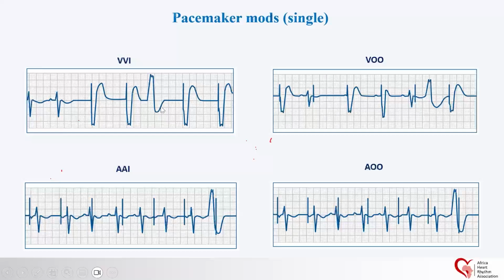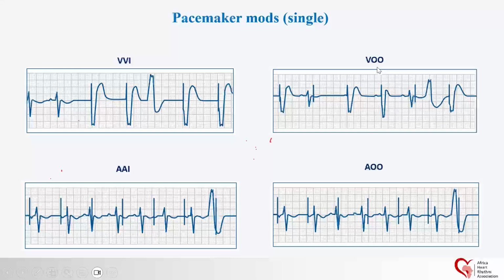Here it detects nothing, so it paces. This is an extrasystole, and in this one we have VOO. That means the pacemaker will just pace in the ventricle. The pacemaker will not sense or detect anything, and it will not inhibit or trigger.